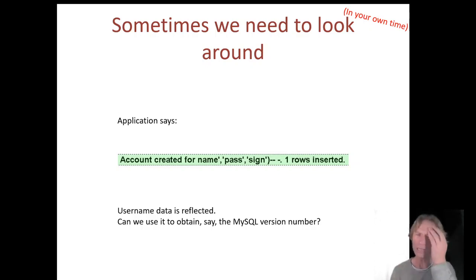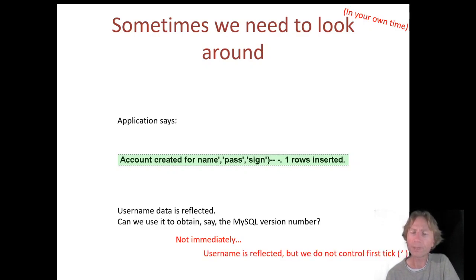Okay, so this is in principle good, but we still have an issue here, because if we want to use this to obtain the MySQL version number, because we think this is fascinating, we have a problem. In principle, we get the username reflected back to us, but it's not something that we can easily control.